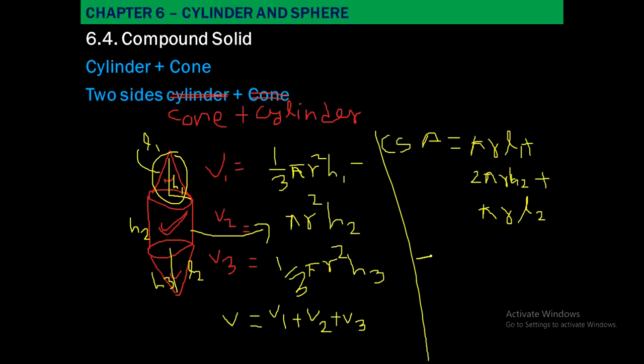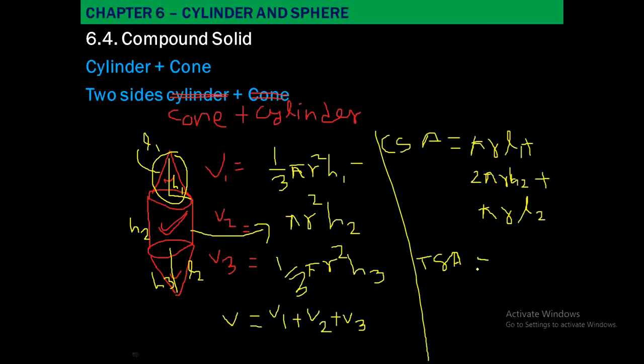And TSA, that is curved surface area of the cone, curved surface area of the cylinder, and curved surface area of the cone. This is the total surface area.